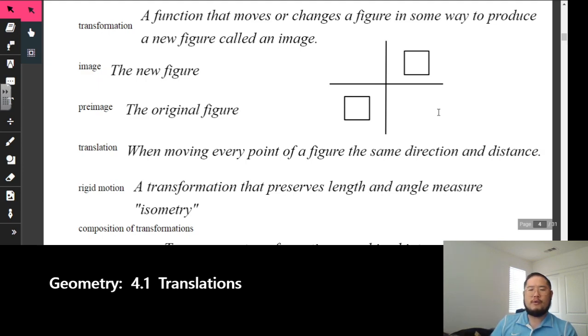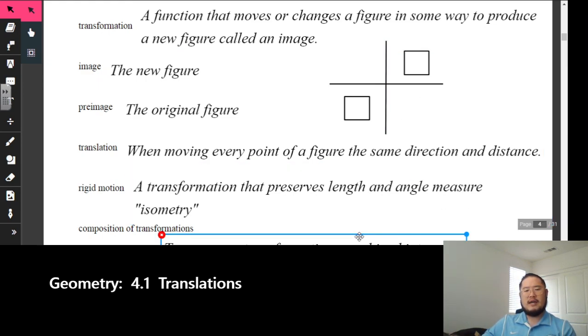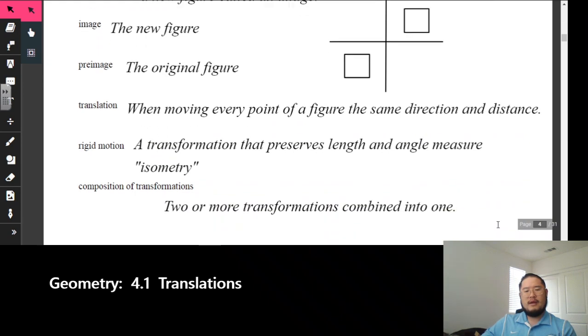So if they were both squares, then the 90 degrees would stay the same. And that's what they mean by rigid motion, a transformation that preserves length and angle measures, isometry. As we move down to the very last term right here, we have composition of transformations.